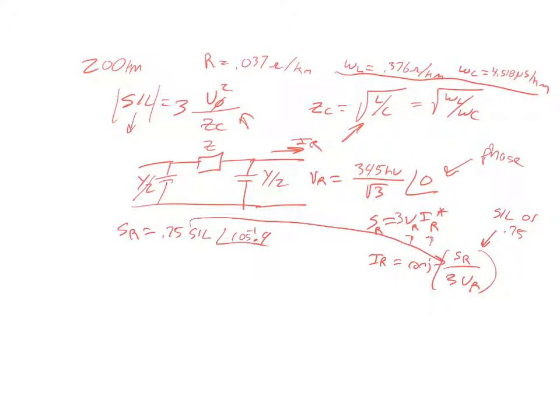You have your VR. We're almost ready to plug it into our matrix form, right? Except we don't know what A, B, C, D are equal to. A is equal to D, which equals 1.